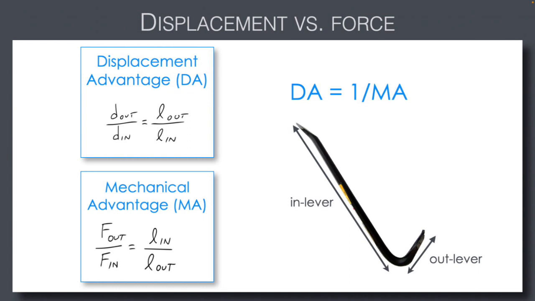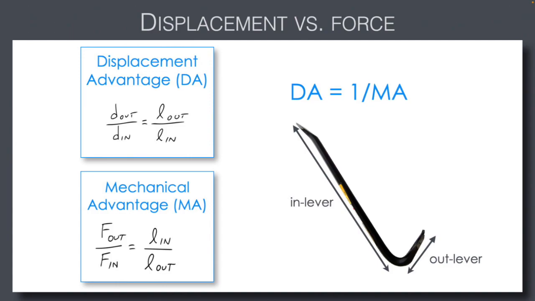There is an assumption implicit with that relationship, but we'll just leave it as this geometric principle that they're the inverse of one another. So if you have a crowbar or a single joint in a skeleton that is organized to generate a lot of force, then it's going to generate relatively little displacement.